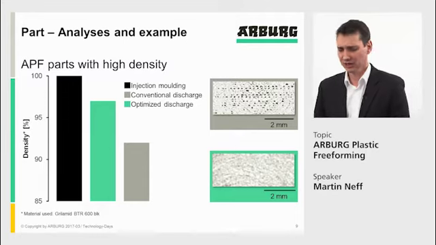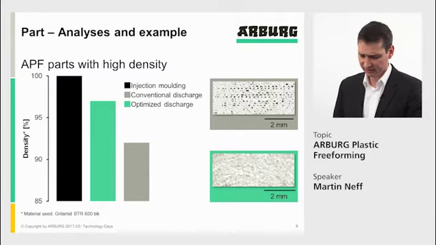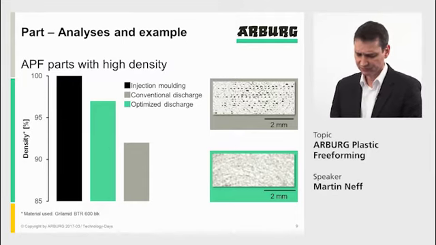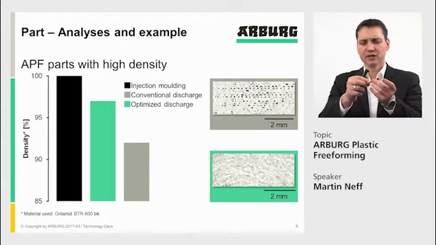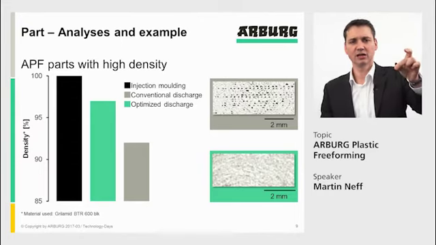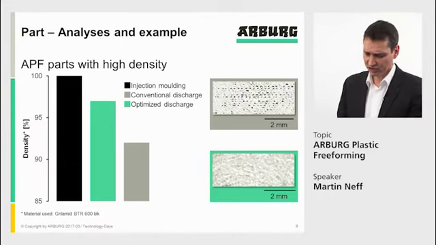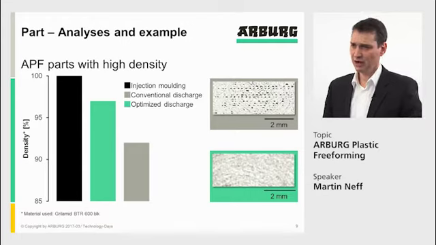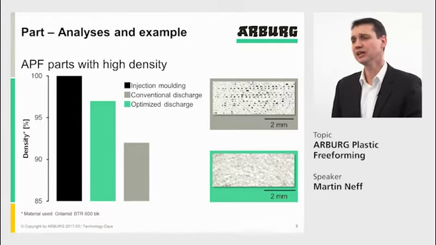Let's say we look at a standard part. This is a standard tensile bar. I have here such a tensile bar. And when we say injection molding, the tensile bar of injection molding has 100%.